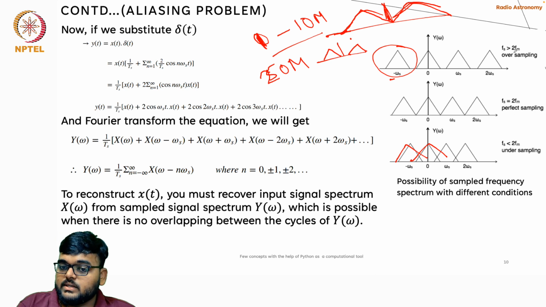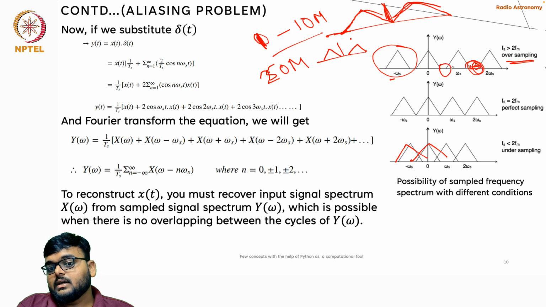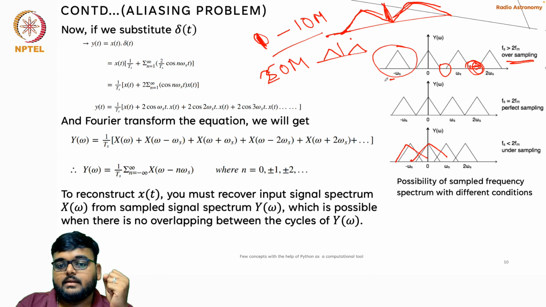There is something called oversampling. Oversampling means you have leftover band between two consecutive bands. So when you do oversampling, you have leftover remaining place here, which is not in use.